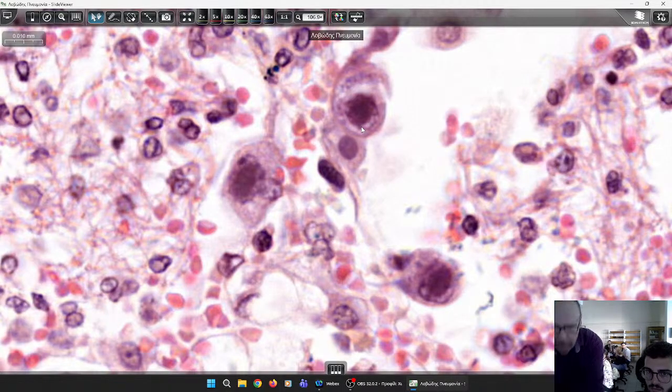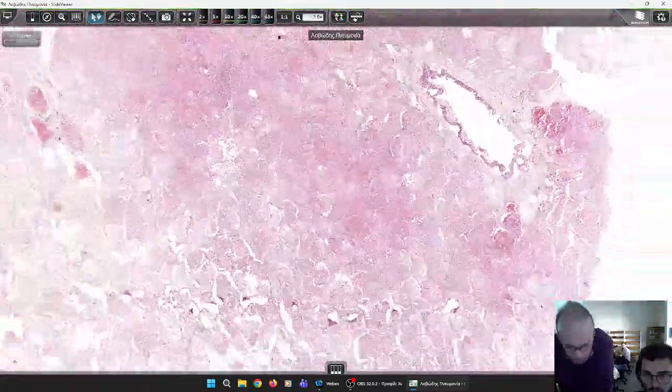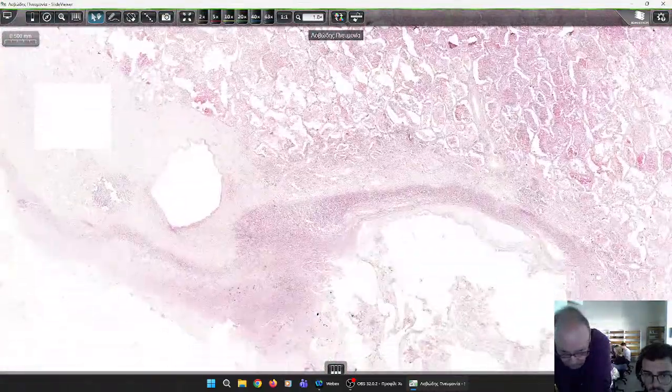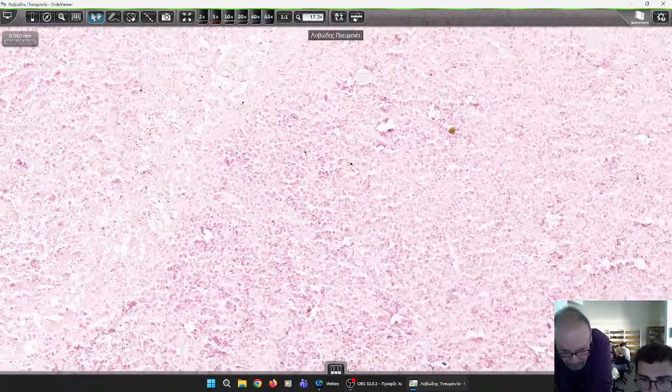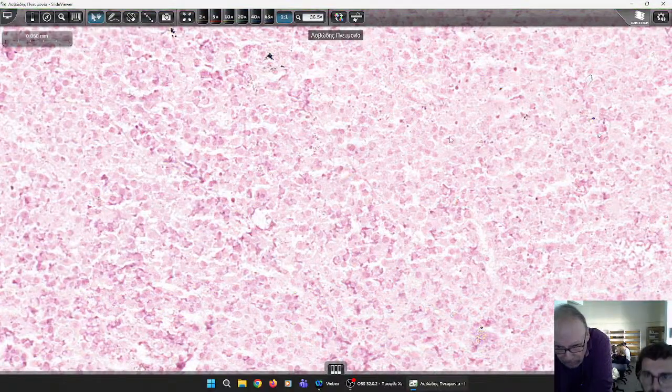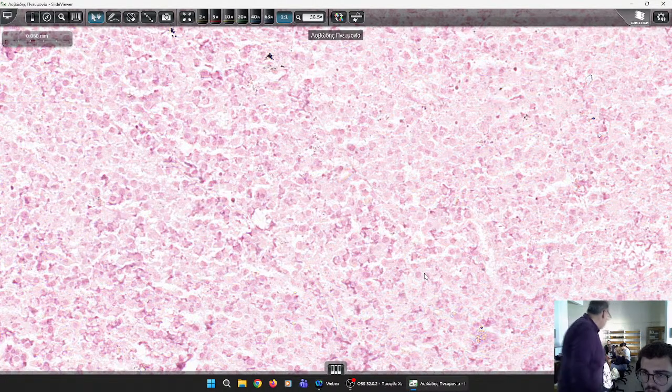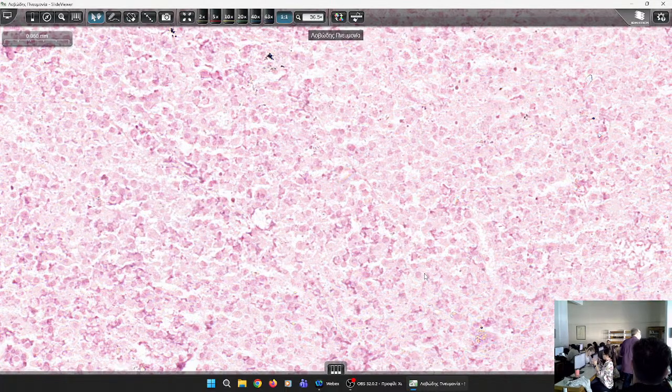What are the complications? One complication related to streptococcus is this area here where it's very difficult to see viable tissue, because this is a necrotic area and this is nuclear dust. So how do we call the necrosis that is related to bacteria? From the pathology point of view and from the clinical point of view.